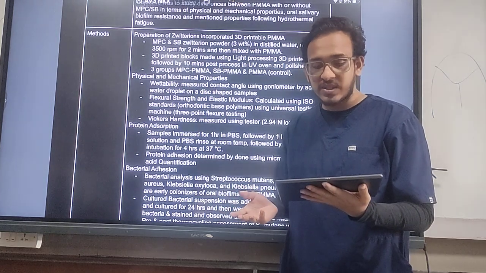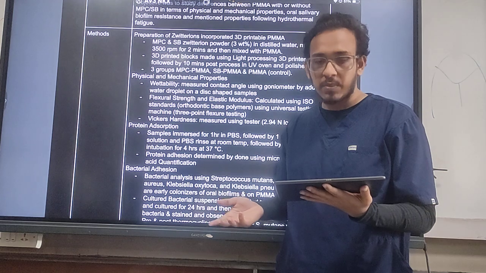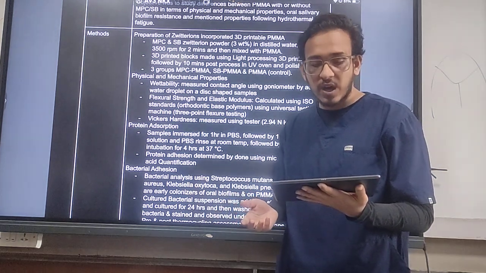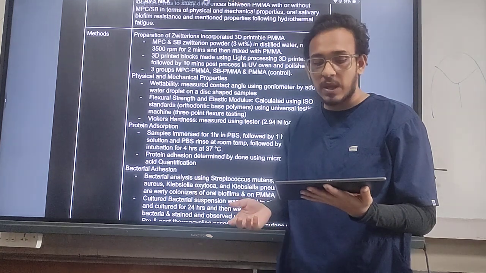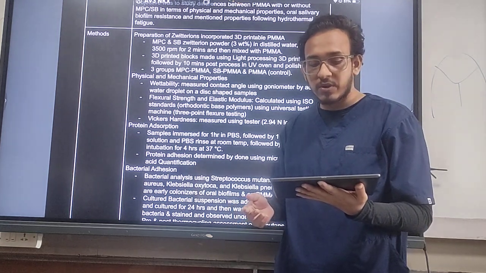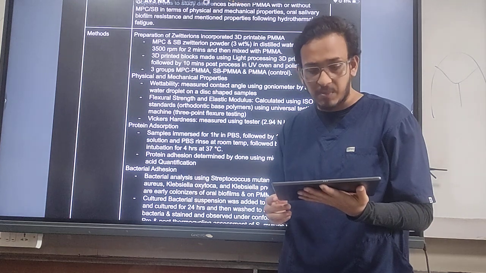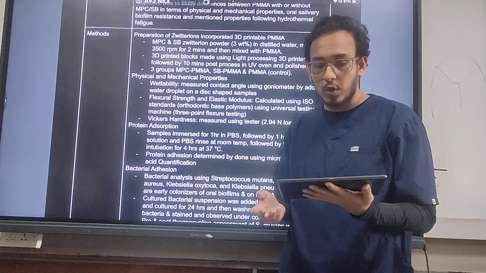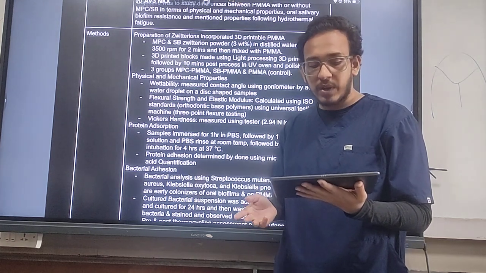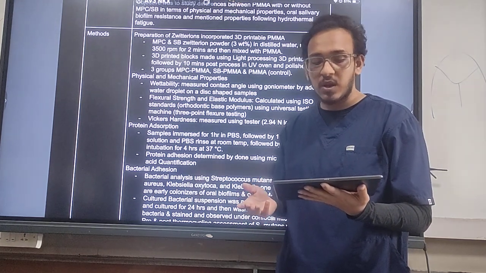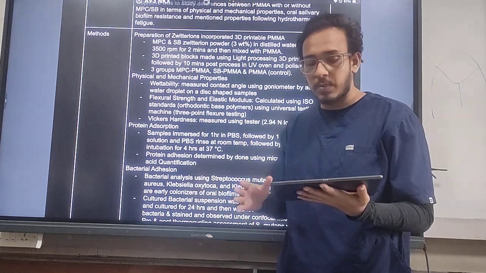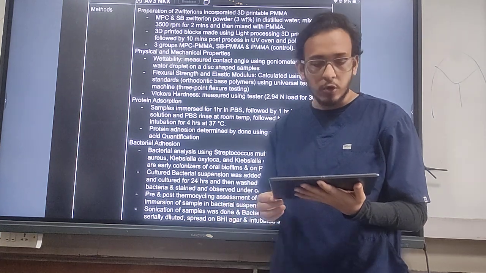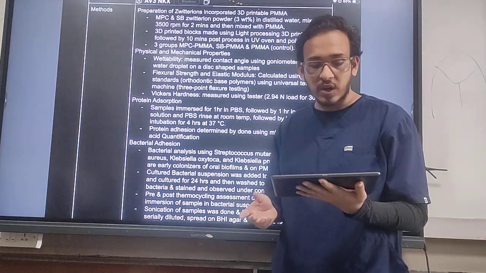MPC and SB Zwitterion powder, 3% by weight, in distilled water was mixed at 3500 rpm for 2 minutes and then mixed with PMMA. 3D printed blocks were made using a light processing 3D printer, followed by 10 minutes post-process in a UV oven and polished. 3 groups were made: MPC PMMA, SB PMMA, and a PMMA without Zwitterions as a control group. So physical and mechanical properties were tested.